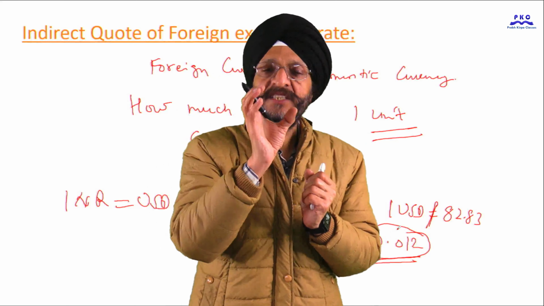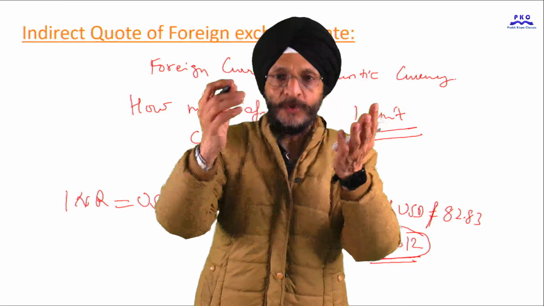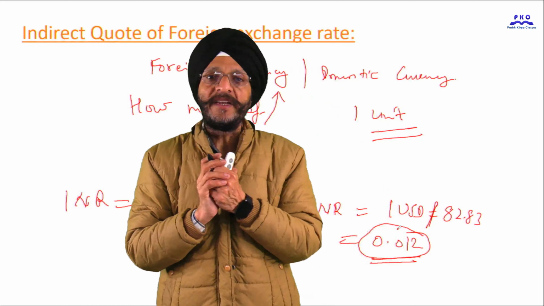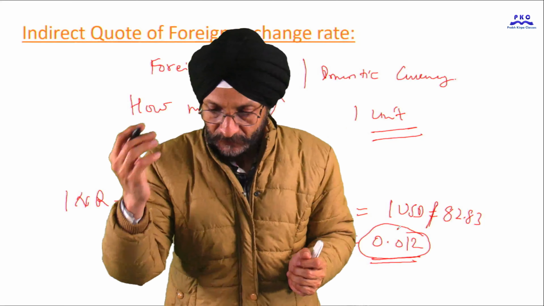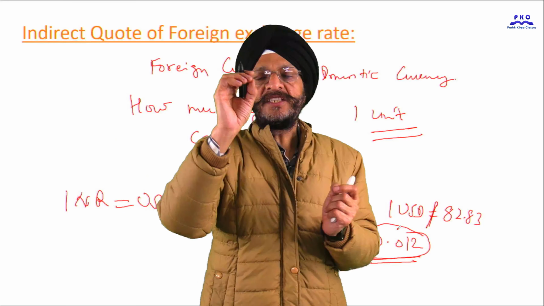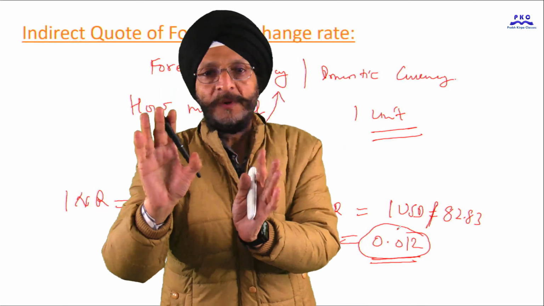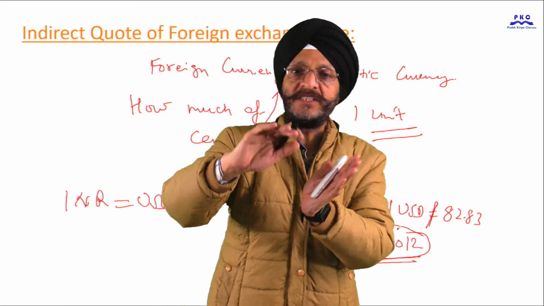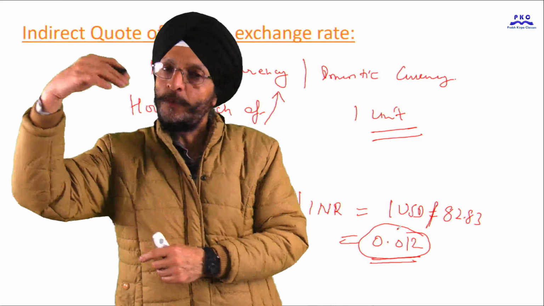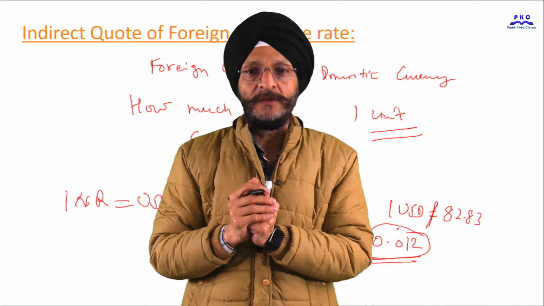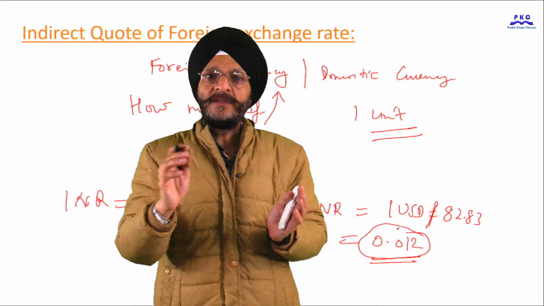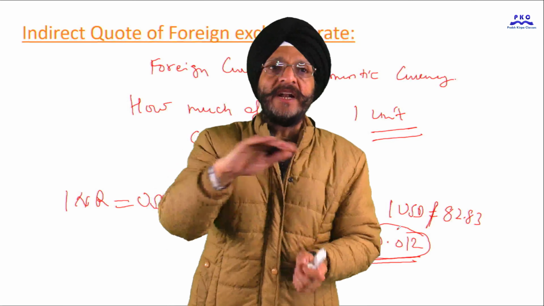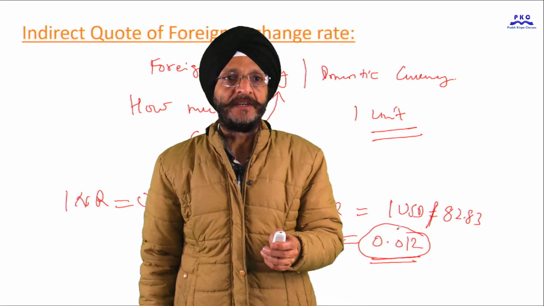Because it is easy for a person to understand. Suppose we want to purchase Canadian dollar. We will have to pay 61.04 Indian rupee to purchase 1 Canadian dollar. So it is a direct quote. Normally, we people use direct quote of foreign exchange rate.